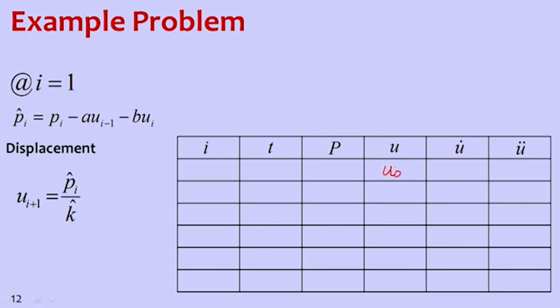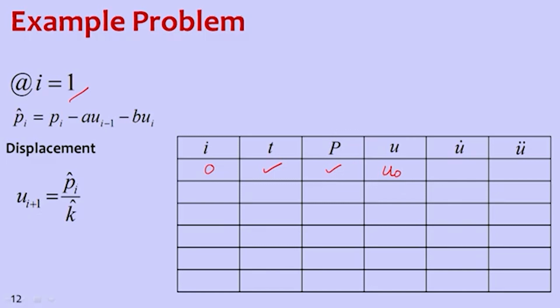Similarly, we can do it for other iterations also. We can calculate at i equal to 1, where P cap i is defined as Pi minus A into Ui minus 1 minus B into Ui, and displacement is calculated at the i plus 1 step: Ui plus 1 is equal to P cap i by K cap. At time step i equal to 0, t is given to us and the external force P is given to us, and with the algorithm we have discussed, we will get Ui plus 1.